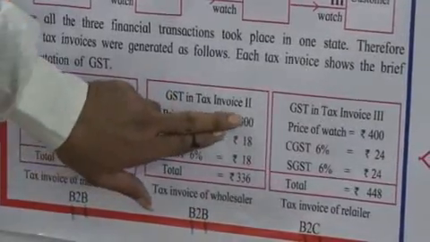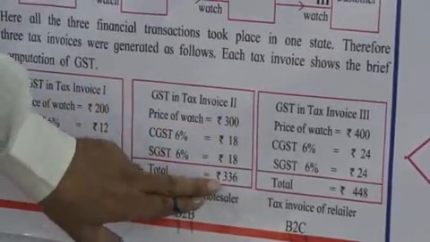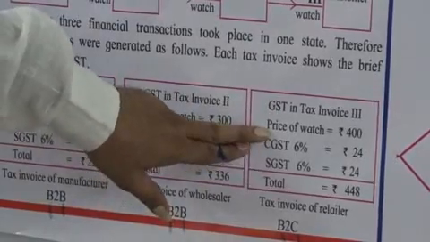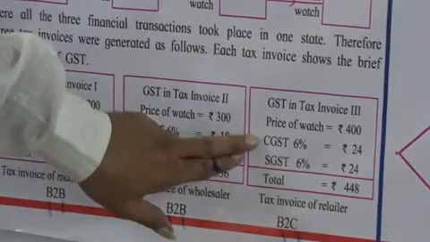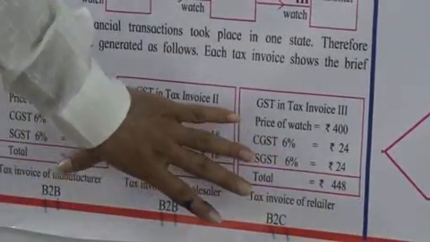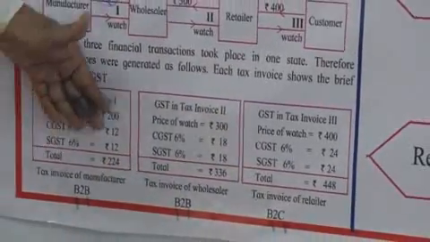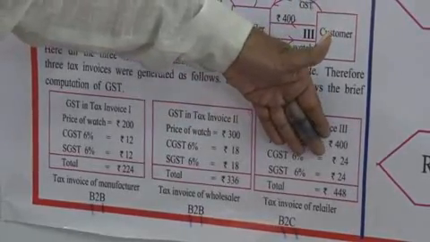The second invoice, 300 rupees charged by the wholesaler, 18 rupees, 336 rupees. The GST of the third invoice, retailer to customer, here it is 424 rupees, 24 rupees, 448 rupees. These are the three tax invoices which will be issued by the manufacturer, the wholesaler and the retailer.